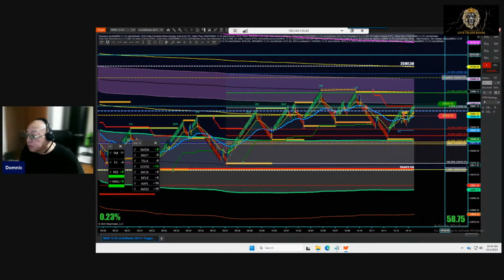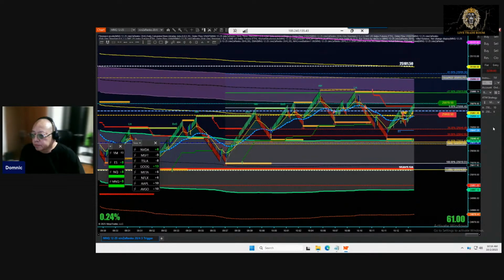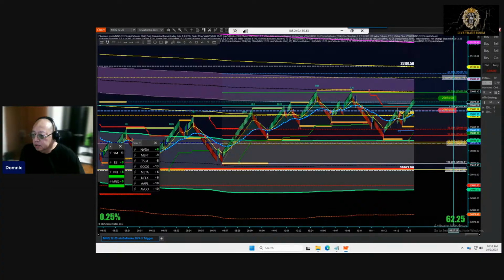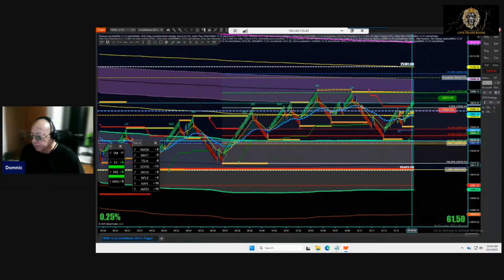There we go. Order filled. So we want to wait here. Right now, if they're going to break over the VWAP here. So they tested the, you see where they tested it. It's basically the fib retracement.